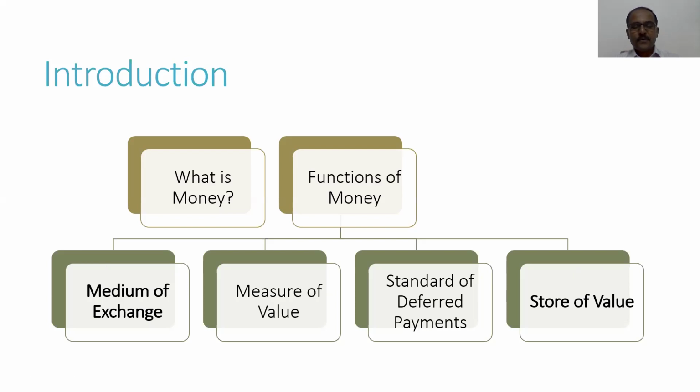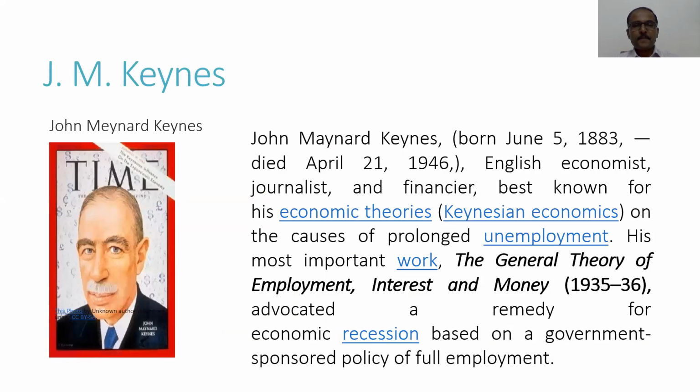So, we proceed further with the information regarding this economist who has given immense contributions in the area of macroeconomics. So, student friends, John Maynard Keynes, known as J.M. Keynes, was born on June 5th, 1883, and he died on April 21, 1946.